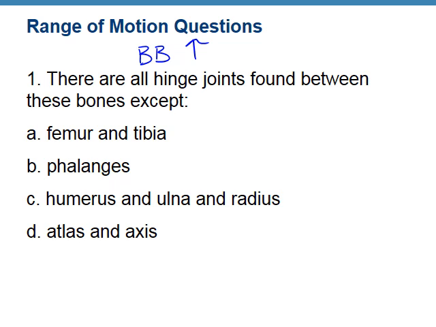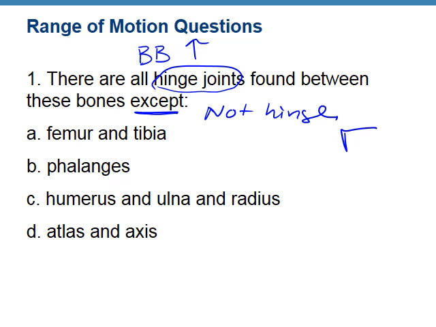These seem to throw us a little bit. So all of these are hinge joints except for, so which one is not a hinge joint? And remember, a hinge is, you can only bend in one direction, right? Our hinge joint example, we thought of our elbow. So your femur and your tibia, you can only flex and extend. So that is a hinge.